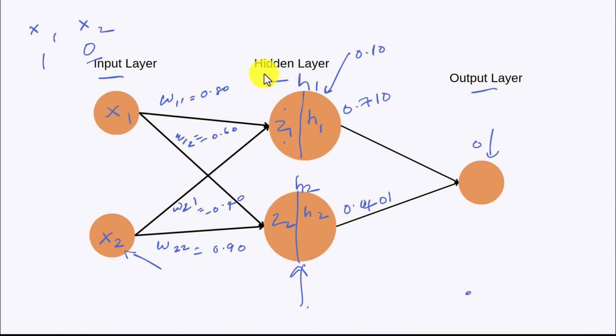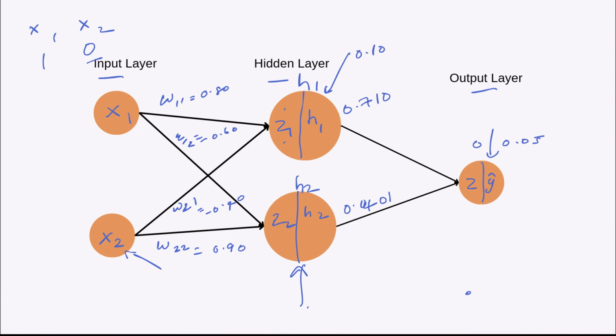Now let's calculate the output layer. The output layer also will have a bias, that is 0.05. Then let's also split this. When you split it, you have the raw score Z. Then you also have the final output, that is the predicted value.